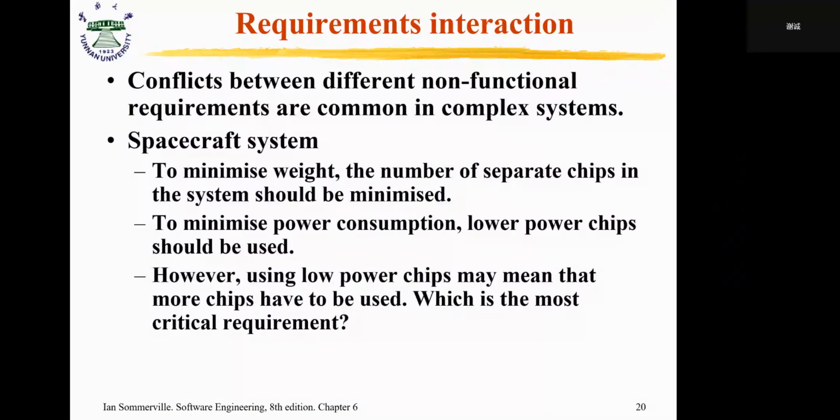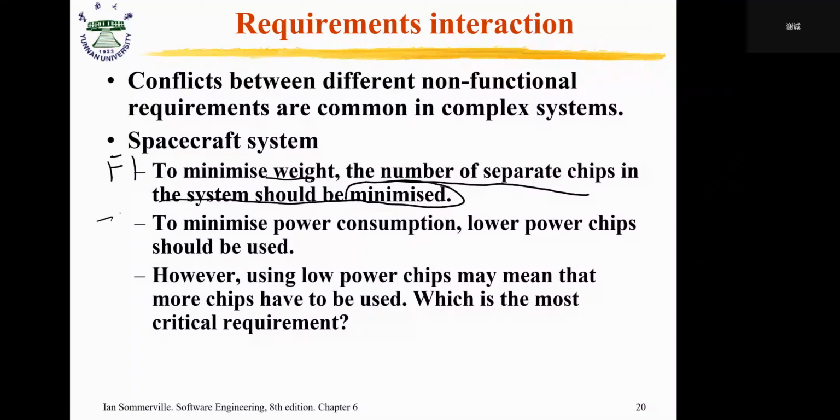And the requirement interaction. The conflicts between different non-functional requirements are very common in a complex system. I'll give you an example here. The first non-functional requirement asks to minimize weight. The number of separate chips in the system should be minimized.